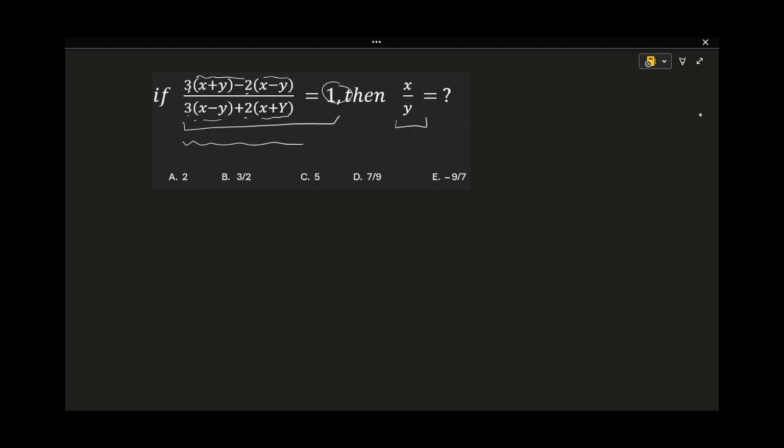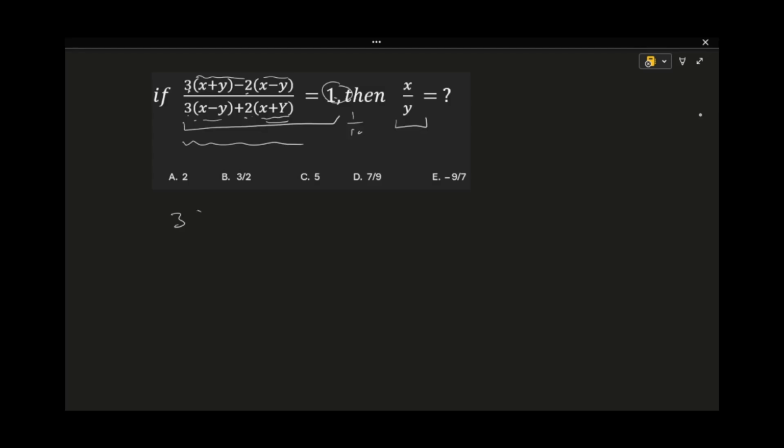So first, what we're going to do is, we know that 1 is the same as 1 divided by 1, and to manipulate this thing we can say, okay, let's cross multiply so that everything becomes linear. So this denominator is going to multiply 1, which is the numerator, and then this 1 is going to multiply the numerator from the left hand side.